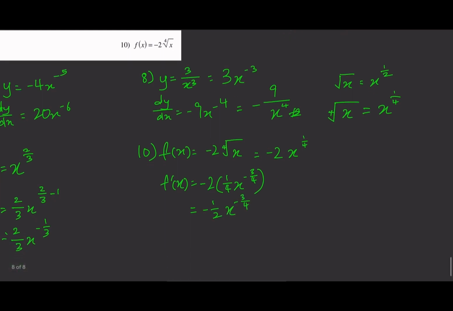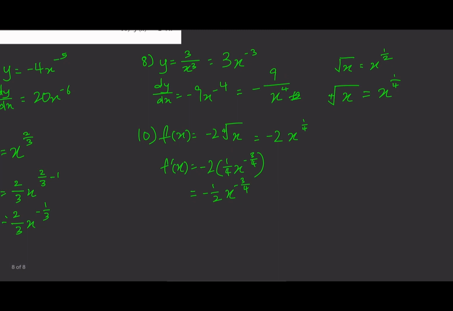Now, if you want to write it into a root form, it is equal to negative 1/2 multiplied by, well, remember that x to the power 1/4 is the fourth root of x.